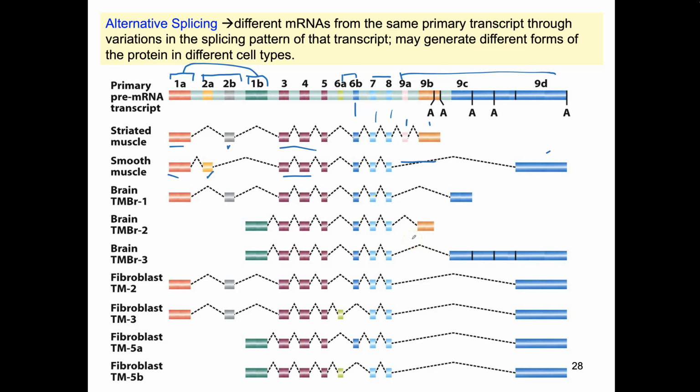There is a gene called DSCAM, which is Down syndrome cell adhesion molecule, and there's a gene like it in flies that was discovered similar to the human version that's associated with Down syndrome, and it has something like 22,000 different possible variants.